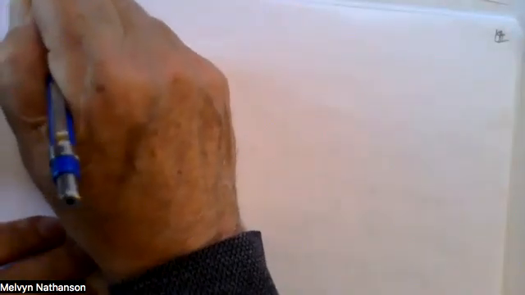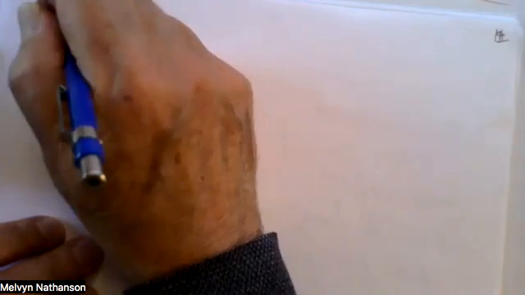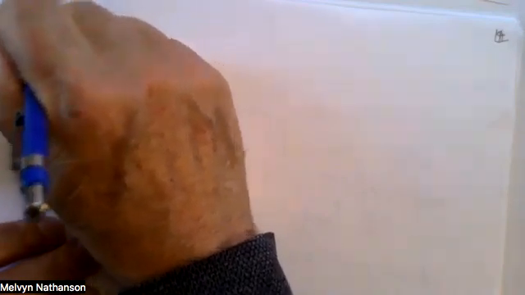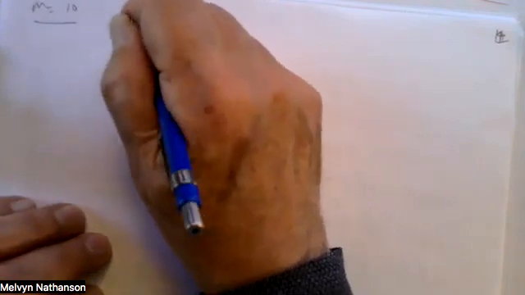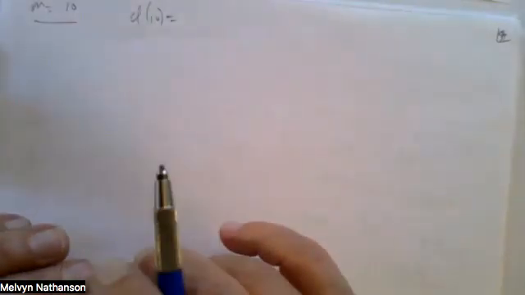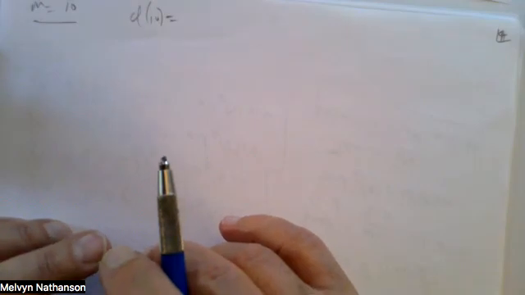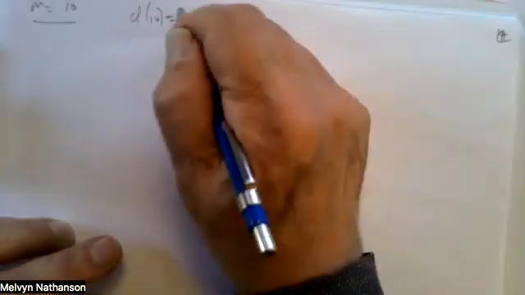Let's just, for fun, look at another example. Suppose I take the modulus to be 10. So what is phi of 10? The numbers that are relatively prime to 10, between 1 and 10, are 1, 3, 7, and 9.